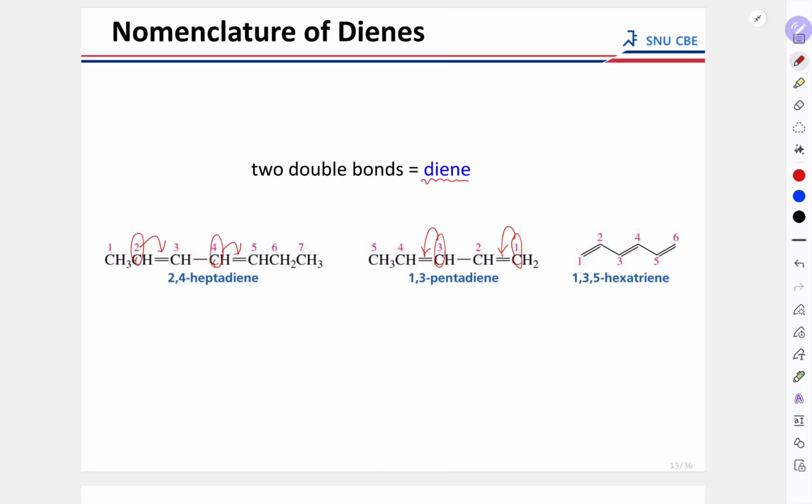Then you can put triene right at the end, and you can count the number of carbon, which is 6. So this is 1, 3, 5. Again, the starting carbon site of the double bond. 1, 3, 5 hexatriene. That's the name for this alkene. Okay?